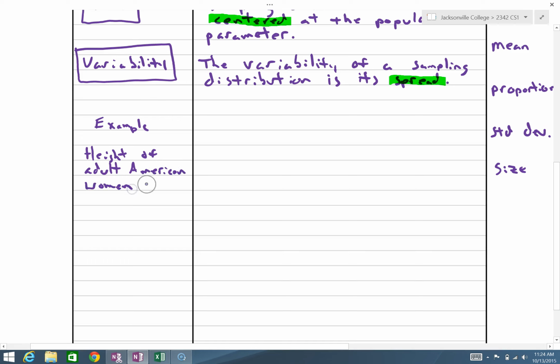That height exists, and it has some mean. I'm not sure what that mean is, but I'm just going to mark it here with mu. I believe it's somewhere like 5'5", 5'4.5", but let's say that we don't know what it is. Here's our whole population of adult American women.